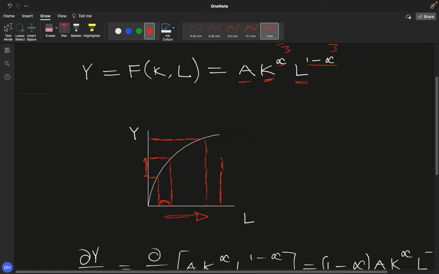Please be charitable in your interpretation of this drawing, but you can see that if you go from 5 workers to 6, for example, you still get more output, but less than from 1 to 2. So that 6th worker adds less productivity than the 2nd worker, and each additional unit of labour is going to add output but less than the one before it.